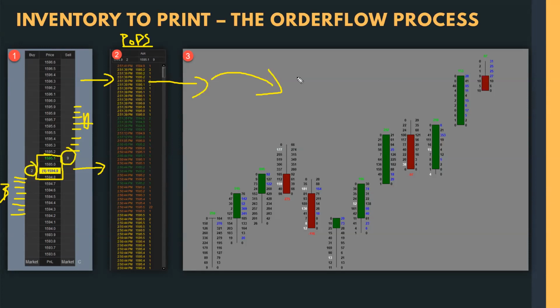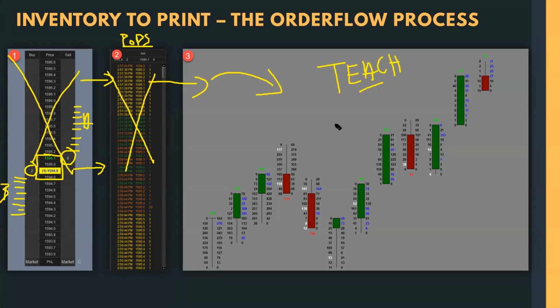I want to teach you how we've built this in a way that allows us to be able to explain the order flow process. Now, the reason this is neat is because we don't need this anymore. We don't need this anymore. My job is to teach you, okay, how to understand this information.